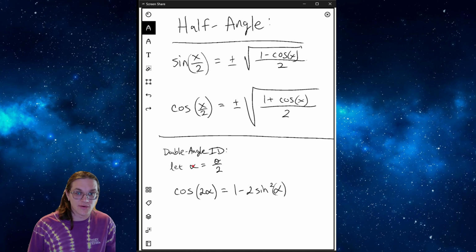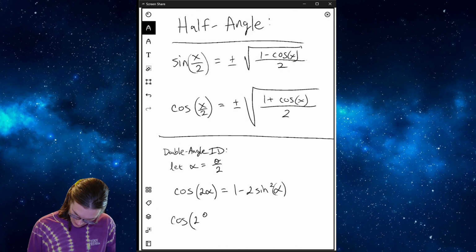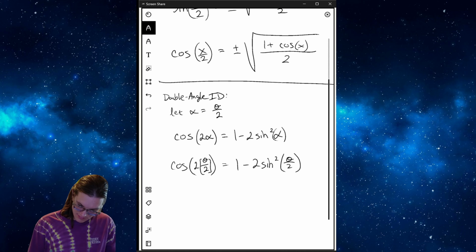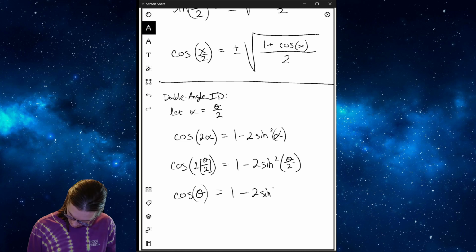So if this angle alpha happens to be half of theta, well, you could just picture in here, okay, I have half of theta in there. That's going to be, here's half of theta as well. 2 times half of theta is just going to be theta. 1 minus 2 sine squared half of theta.